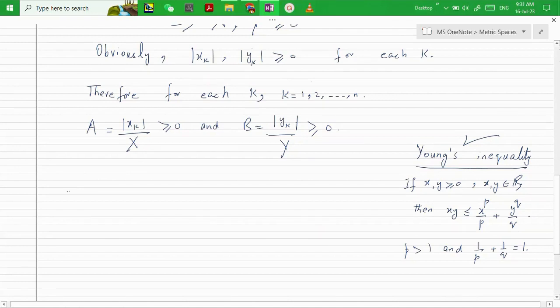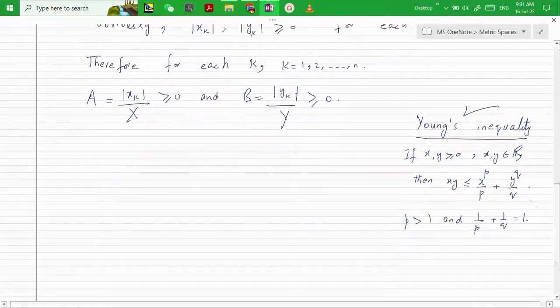We have AB less than or equal to A power p over p plus B power q over q. For each k, we have this inequality.